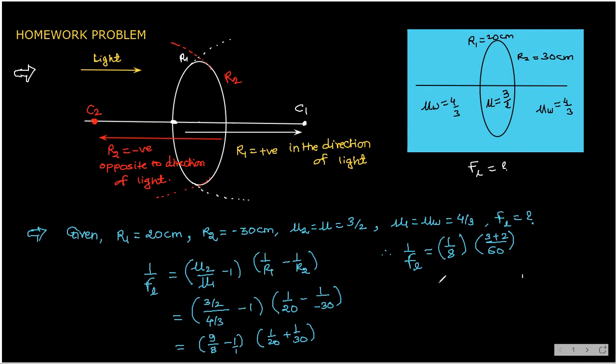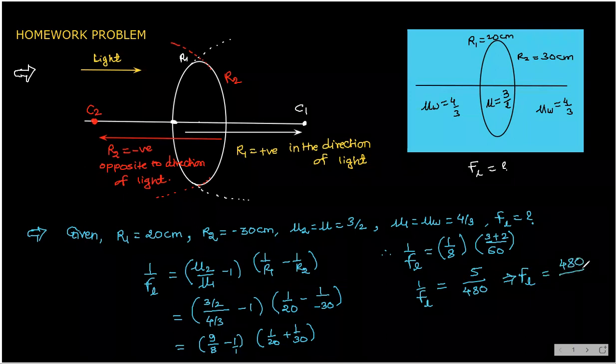Then you are getting 5 by 480. Is that right? Yes. And then if I take the reciprocal, I am getting 480 divided by 5.